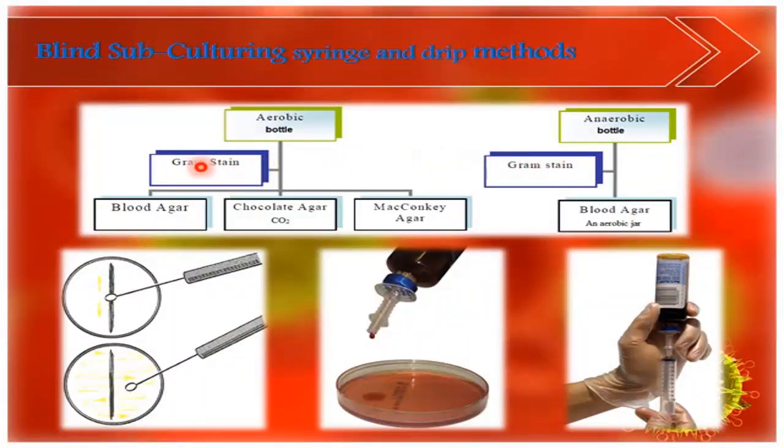What's the suspicion of the causative organism? The gram stain. After that, the blood from the aerobic bottle will be inoculated into blood agar, chocolate and MacConkey agar, and in anaerobic it is inoculated into the blood agar.